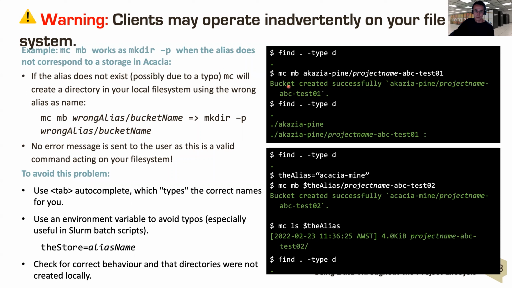I guess it should not, because it is really not interacting with Acacia, as this alias doesn't exist. It should come back and say a directory was created or something, but it responds that it created a bucket.